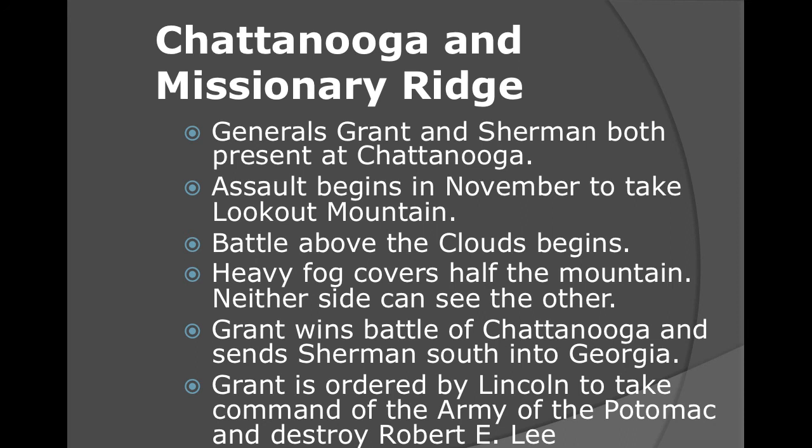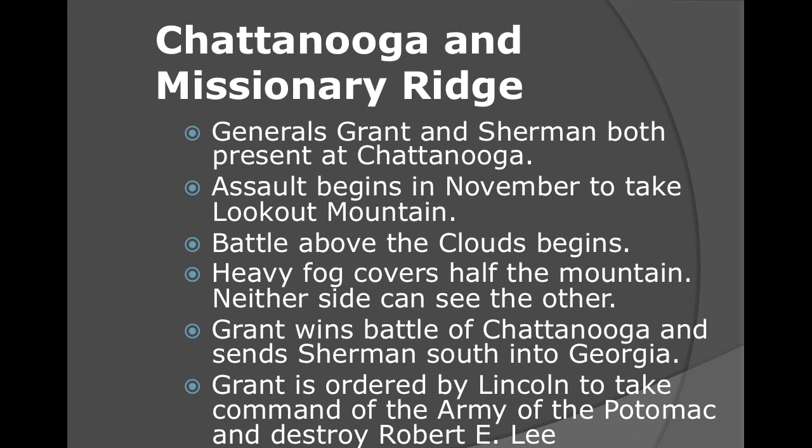The clouds and the fog hung really low on the mountain, so actually both sides couldn't see each other. The Union couldn't see the top of the mountain. The Confederates on the top couldn't see the Union forces moving up. Because of that, you really can't fire your cannons accurately, and the Confederates will have to retreat from Lookout Mountain.